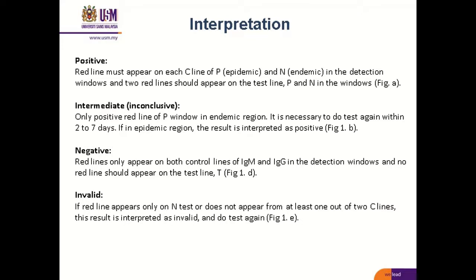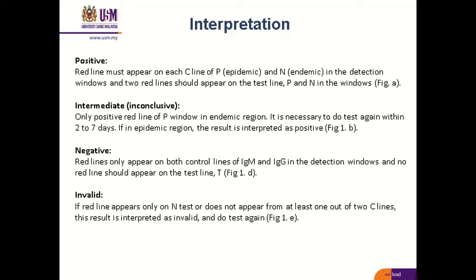The red line must appear on each C line of the P and N in the detection window, and two red lines should appear on the test lines P and N in the window.